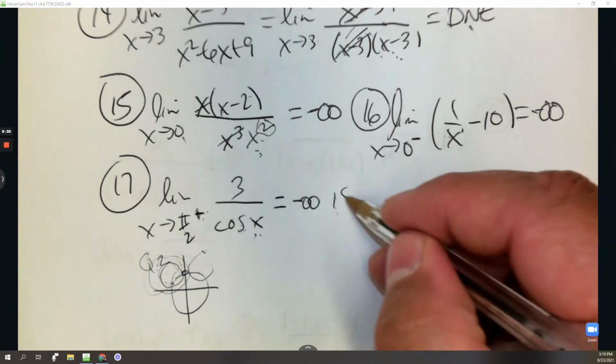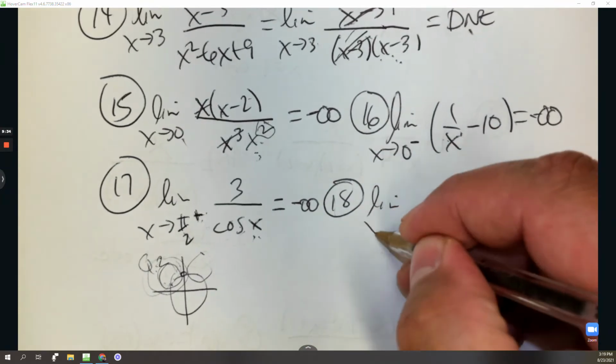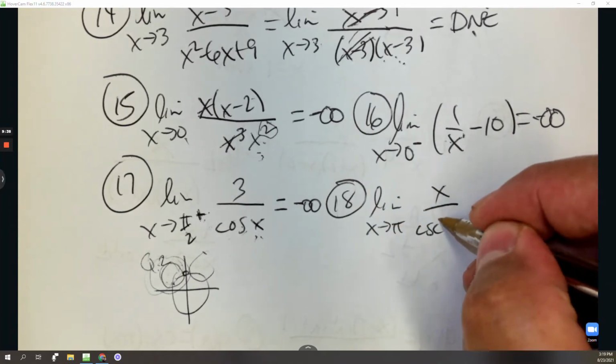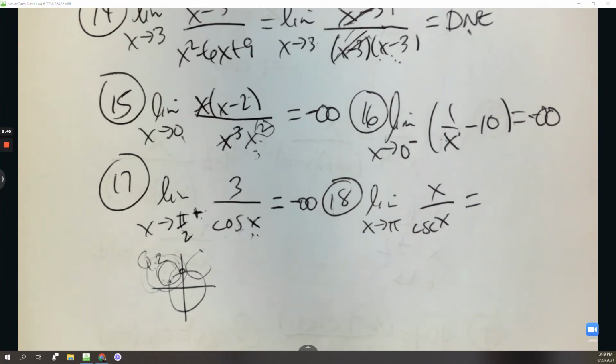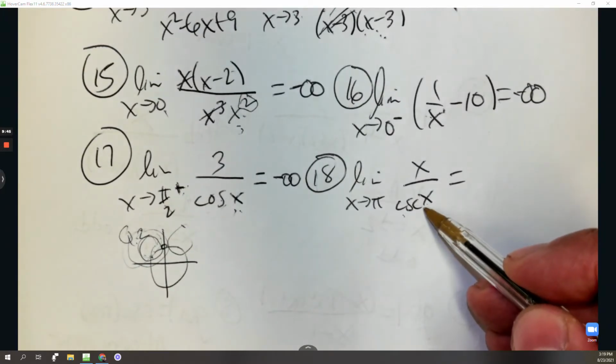18. I'm so happy. The limit as x approaches pi of x over cosecant x. So recognize that the answer is 0, actually undefined there.